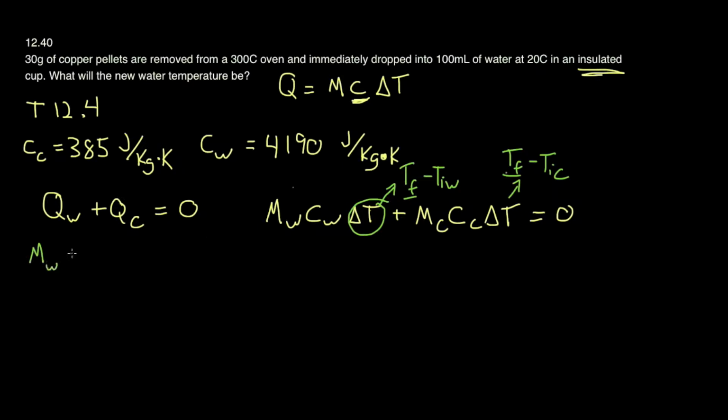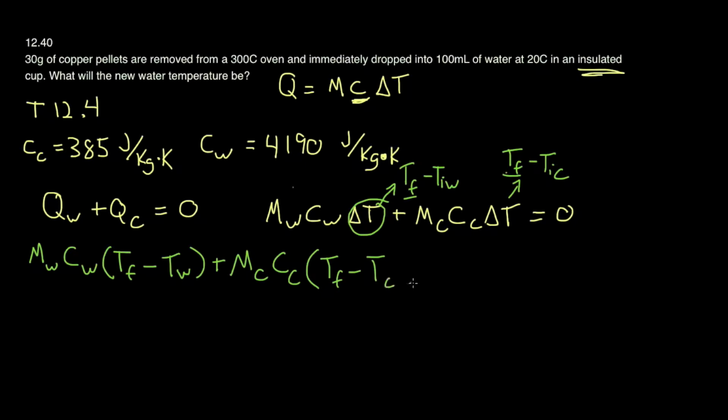So M sub W, C sub W times the final temperature minus the initial temperature of the water, I'm just going to call it T sub W, plus the mass of the copper times the specific heat of the copper times the final temperature minus the initial temperature of the copper. And this is going to be equal to 0. And so if you notice right here, this Q sub C is going to be negative, right? Because the final temperature is definitely going to be less than 300 C, which is the initial temperature.